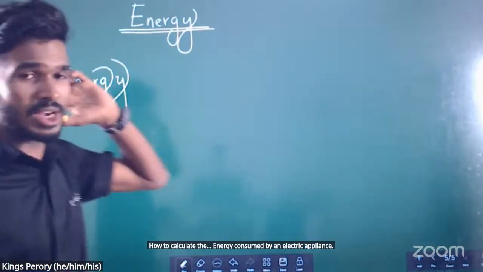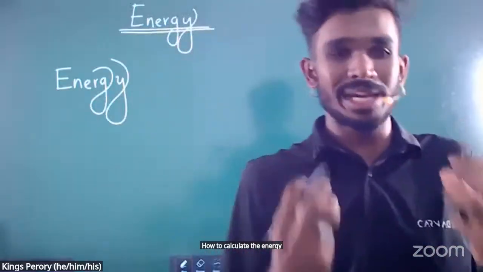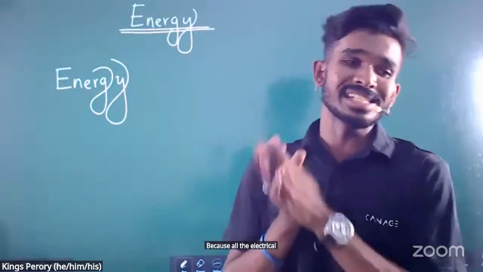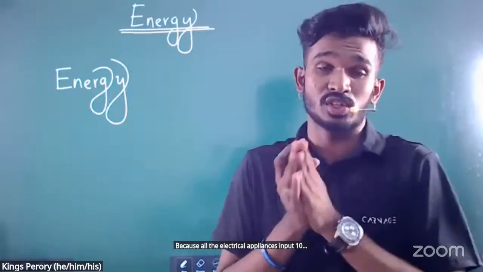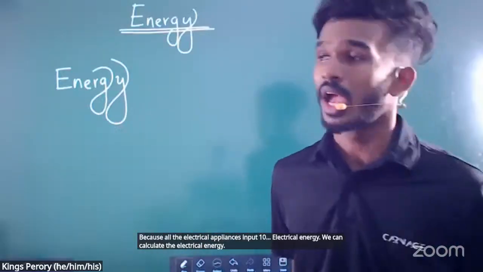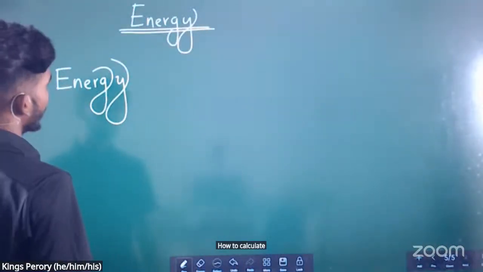Energy consumed means the electrical energy consumed, because all the electrical appliances take in electrical energy. We can calculate the electrical energy consumed. How to calculate the electrical energy consumed?